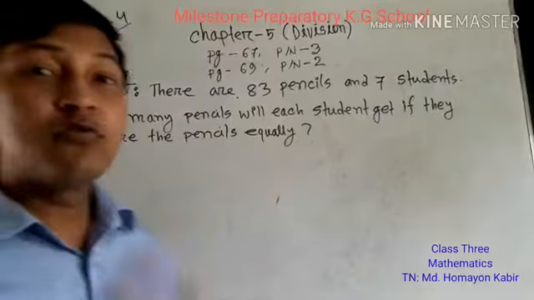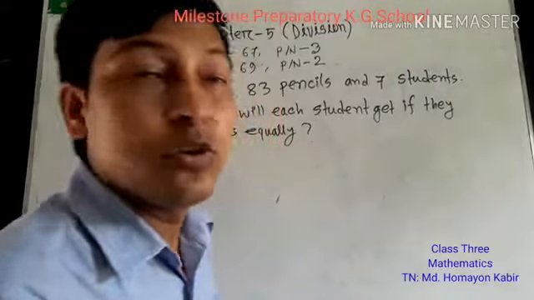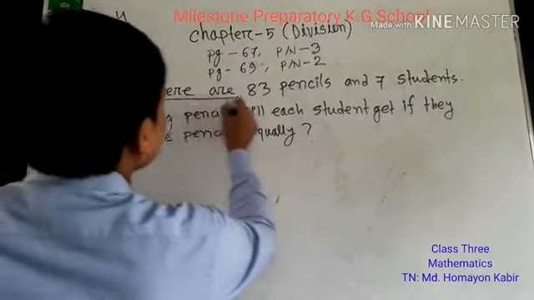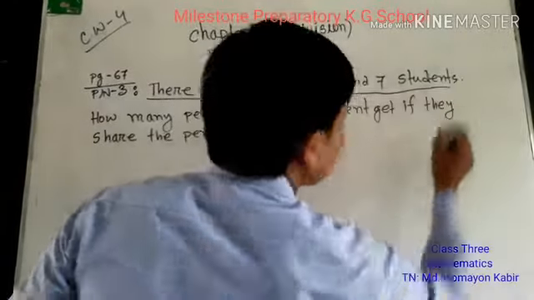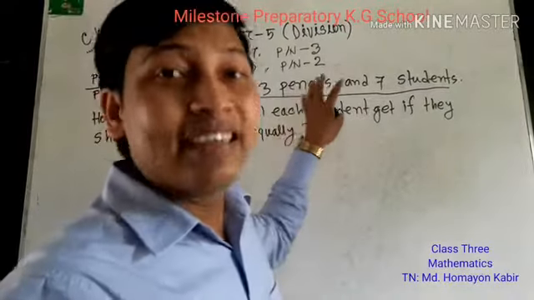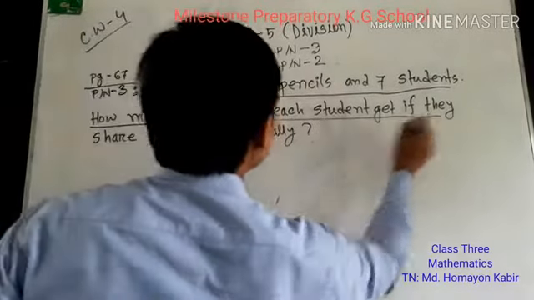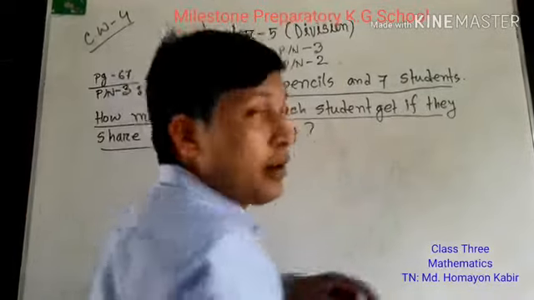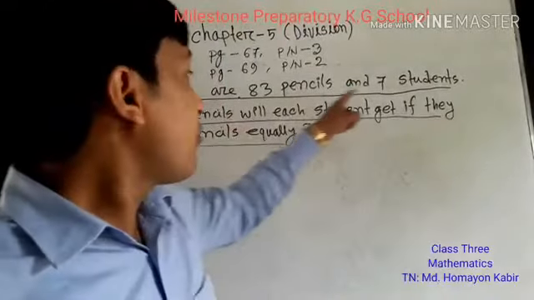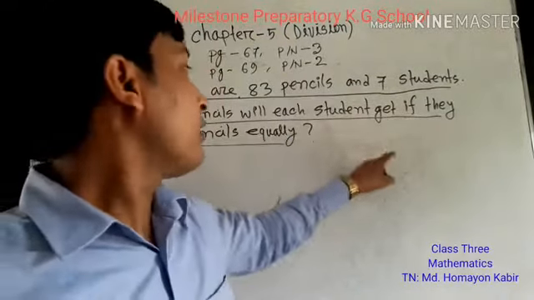So look here. Here two parts. How many parts? Two parts. This one is the information part and this one is the asking part. Look here.